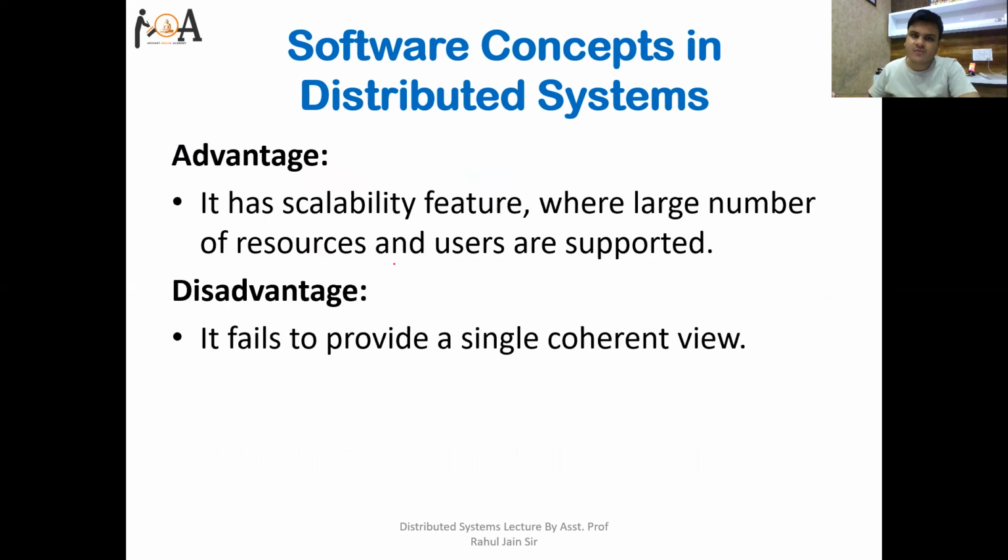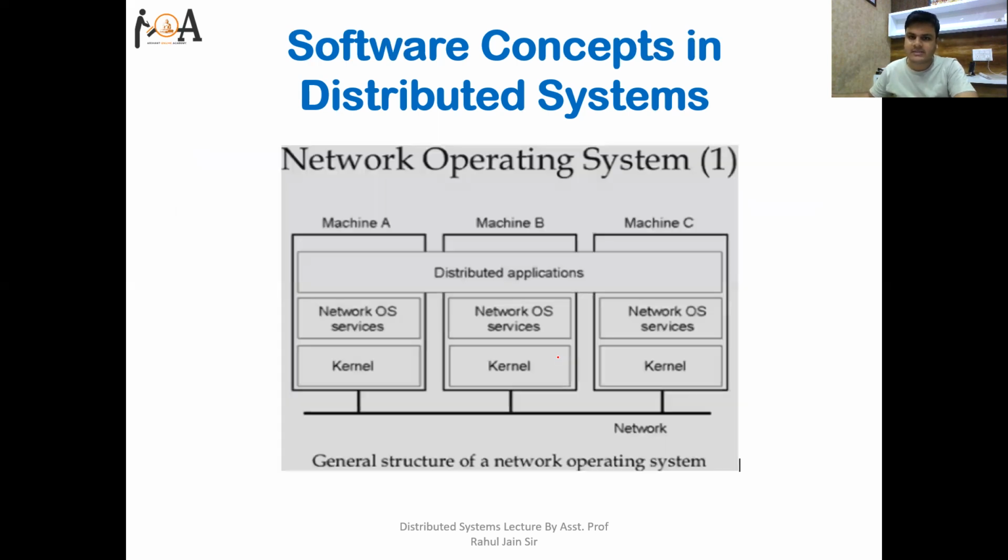The advantage of the network operating system is that it has a scalability feature. Means if you want to add more resources or more users to it, it would be scalable up to that, right? And users are supported. The disadvantage is that it fails to provide a single coherent view. In providing a single coherent view, it gets difficult for a network operating system.